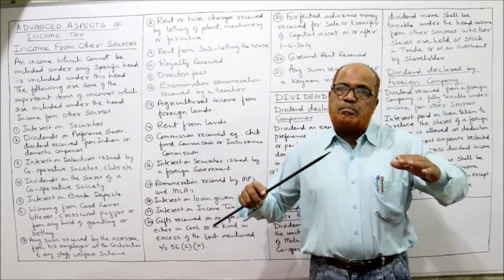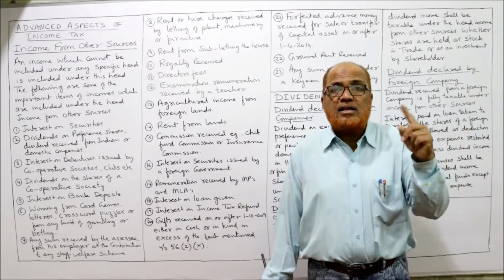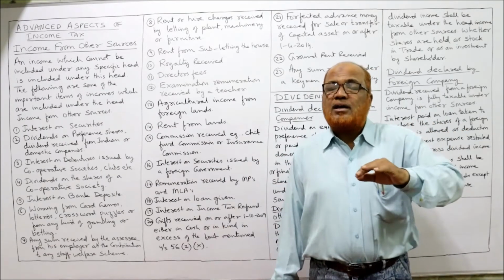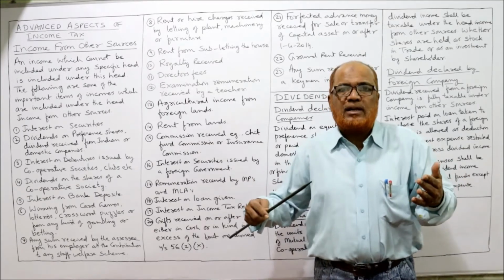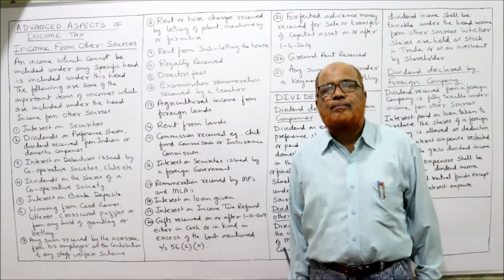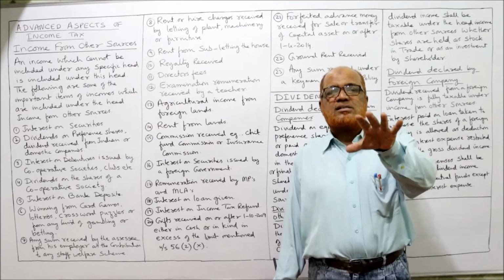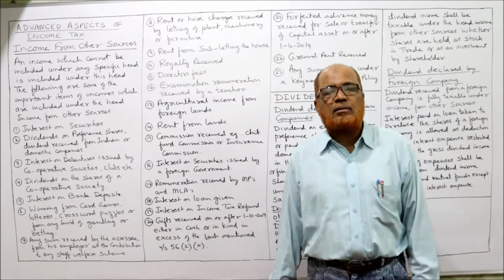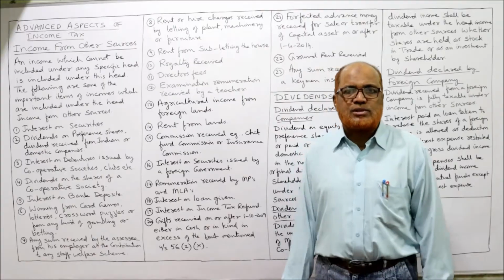If the SSC's business is letting of furniture, then it is business income, not other sources. But it is not his business. Sometimes, casually, he is letting out the plant, machinery, furniture. So rent or hire charges received from letting of plant, machinery, furniture is taxable under income from other sources.